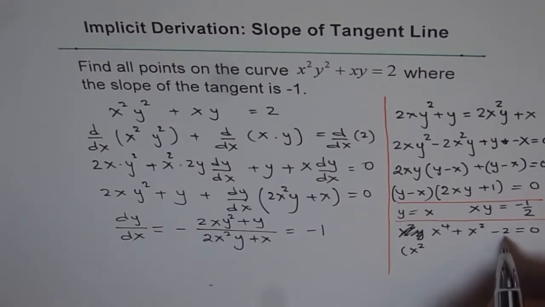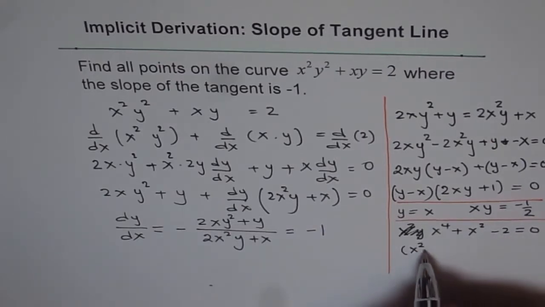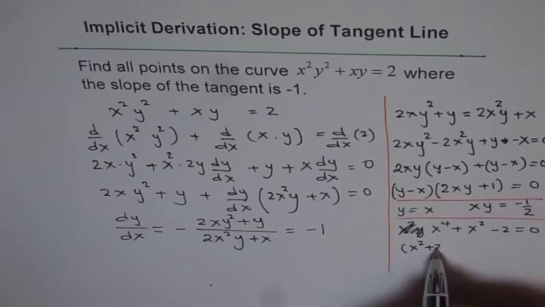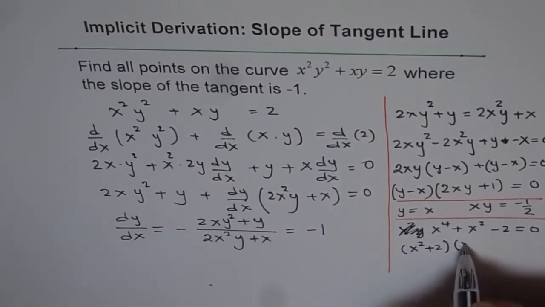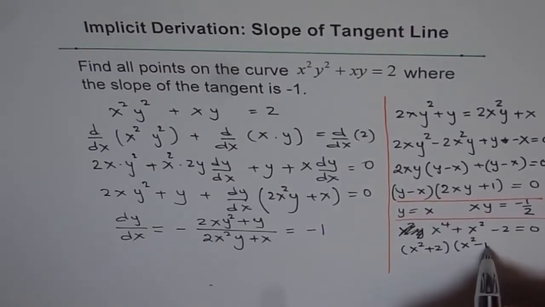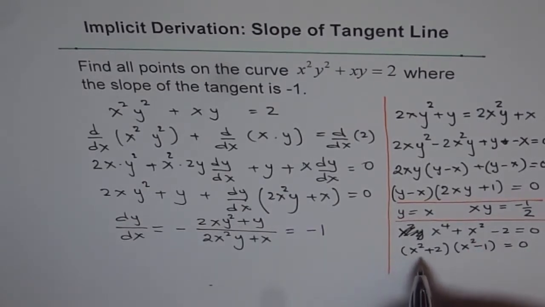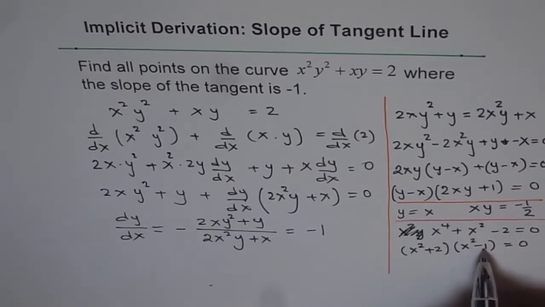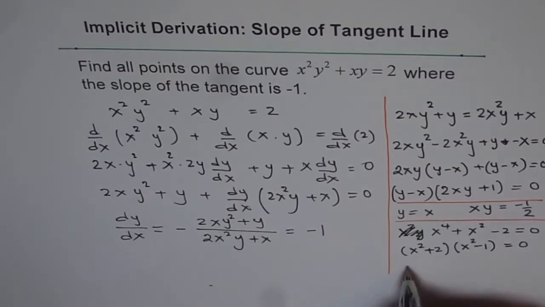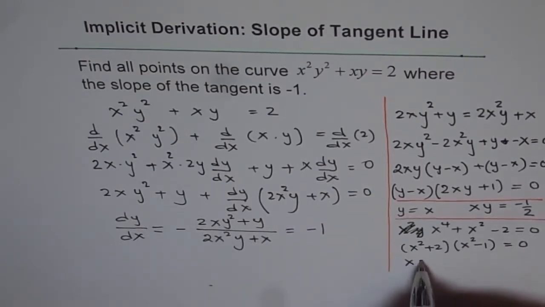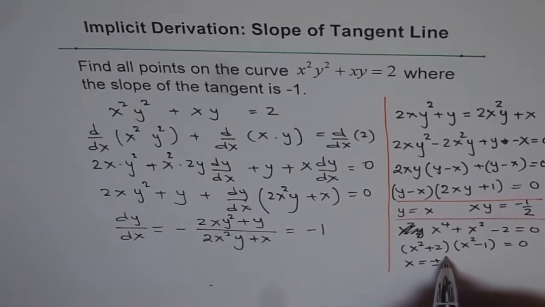So we can factor this as x squared plus 2 times x squared minus 1 equals 0, right? So x squared plus 2 equals 0 is not possible, but x squared minus 1 equals 0 gives us two possible solutions. That is, x equals plus or minus 1.